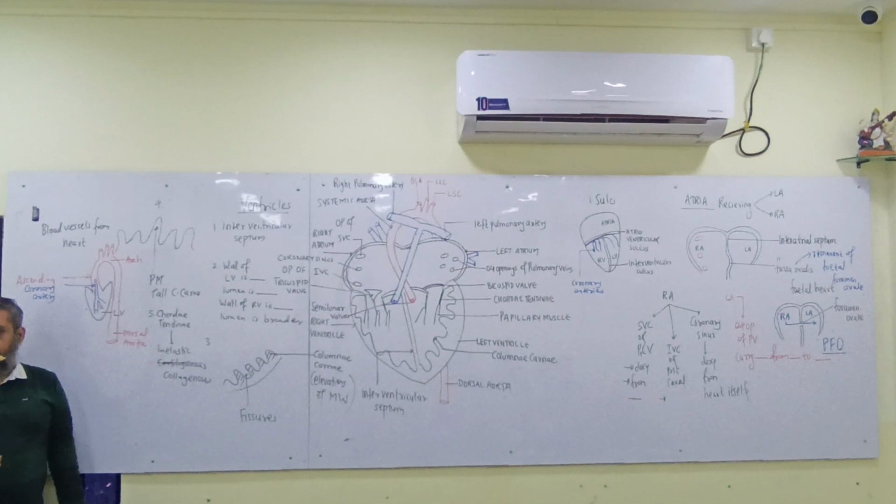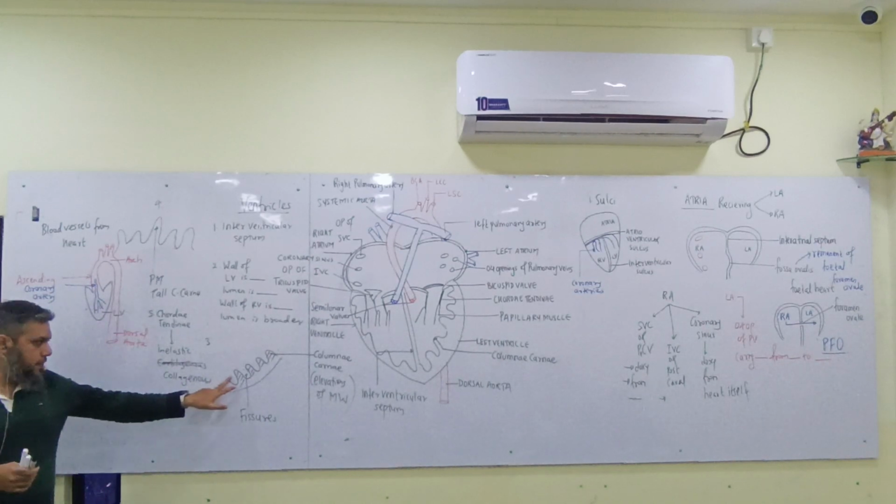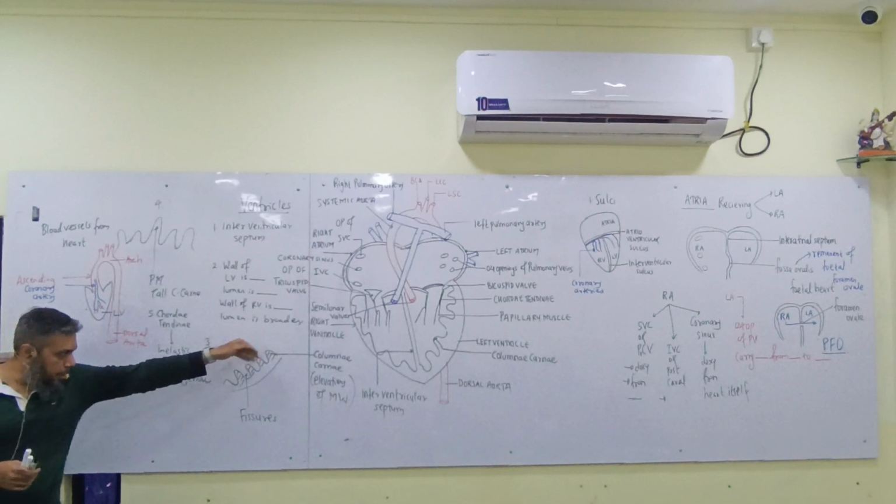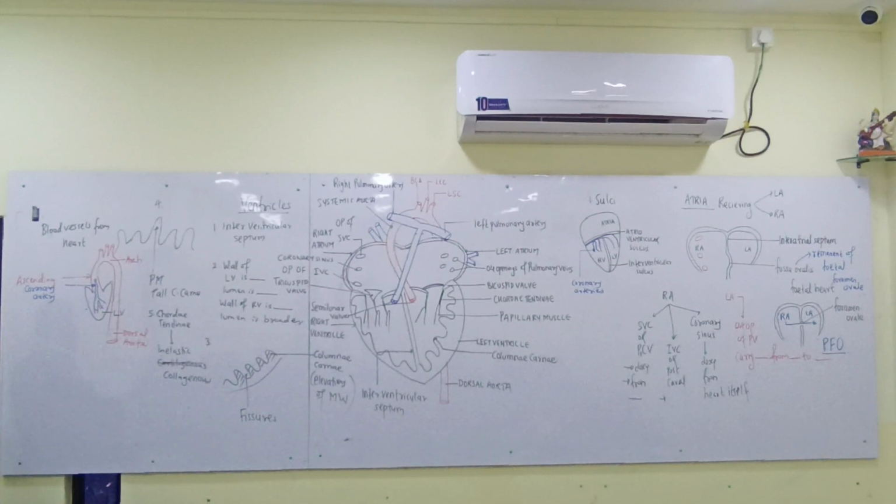Yes. So what you said about the columnae carneae: the fissures increase the volume where blood can remain. The blood will remain there. It will increase the carrying capacity of your heart. Okay, so these are the columnae carneae, these are the fissures. So I get some blood there also.